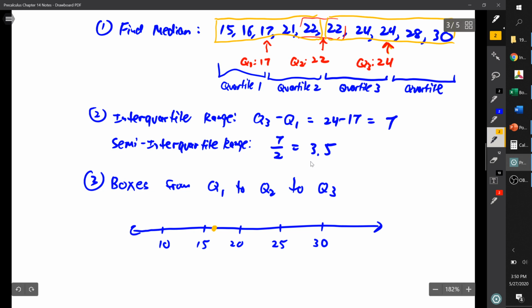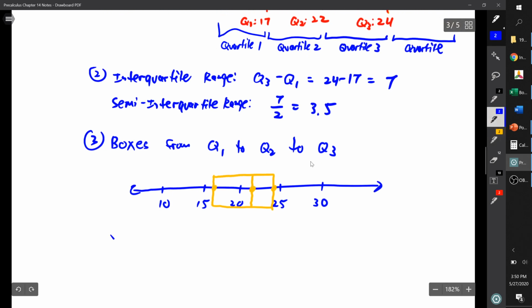Yeah, right about there. My Q2 is at 22, so that's going to be right about there. And then my Q3 is at 24, so that's going to be right about there. So these we use as the boundaries of our boxes. Like that.